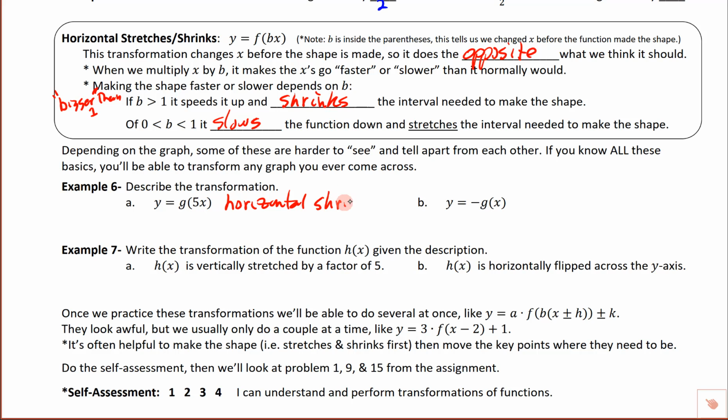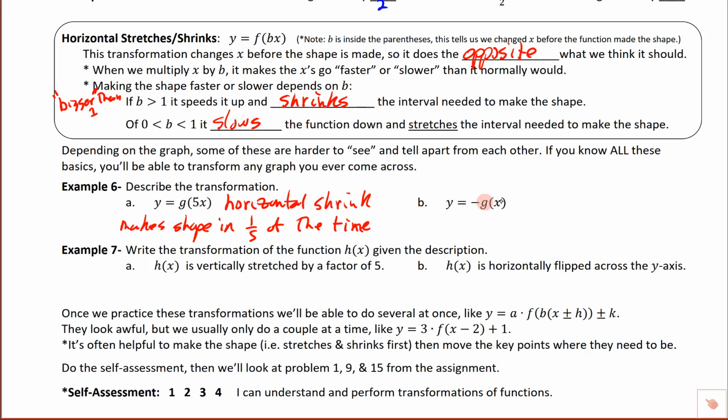In this case, it does the opposite. It's a horizontal shrink, so it makes the shape in 1/5 of the time. It speeds up by a factor of 5.